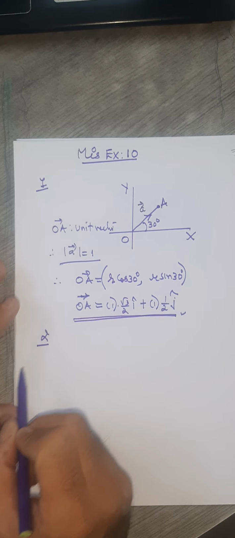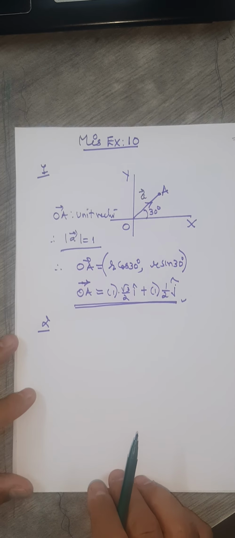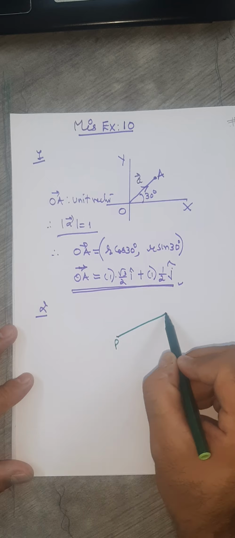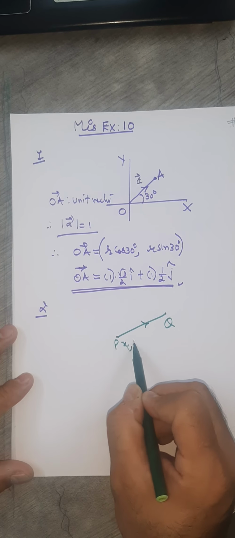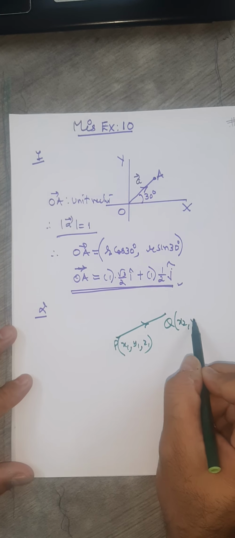Question number 2. Second question. What's the second question? Find the scalar component and magnitude of vector joining these two. So you have one point P, the other one Q here. Coordinates x1, y1, z1 given to you. Your x2, y2, z2.